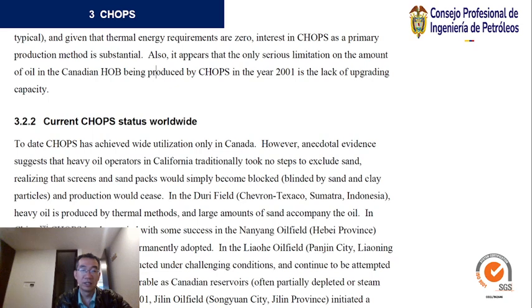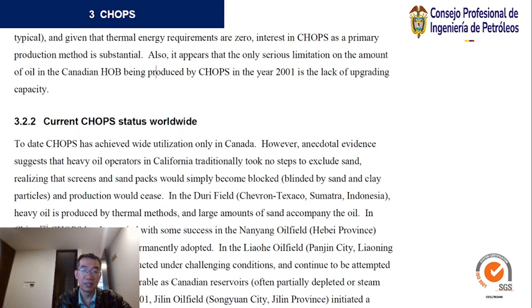In China, CHOPS has been tried with some success in the Nanyang oil field from 1997 to 2000, but was not permanently adopted. In the Liaohe oil field, trials were also conducted under challenging conditions and continue to be attempted in reservoirs that are not as favorable as Canadian reservoirs.